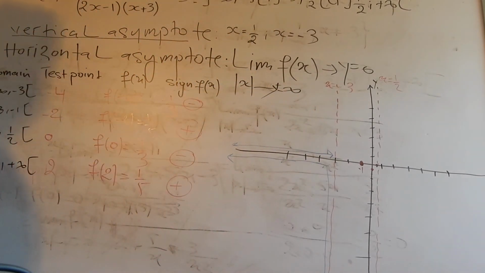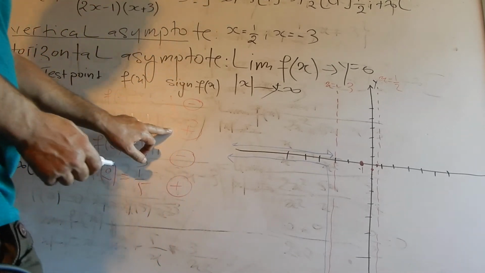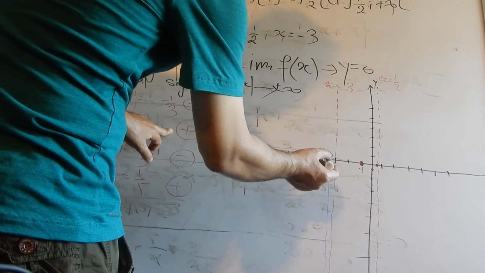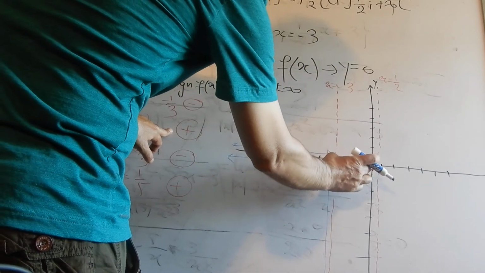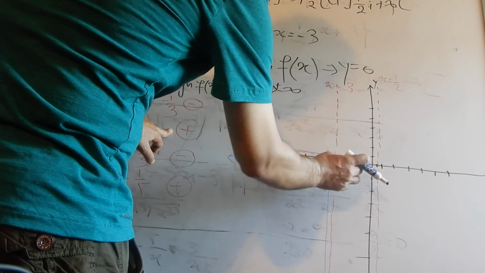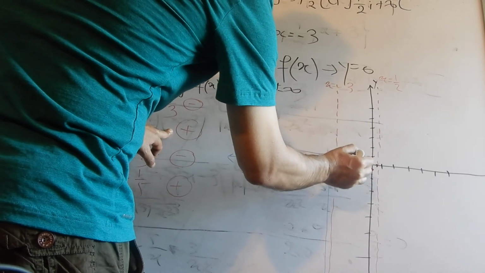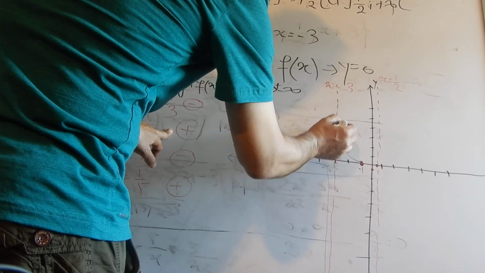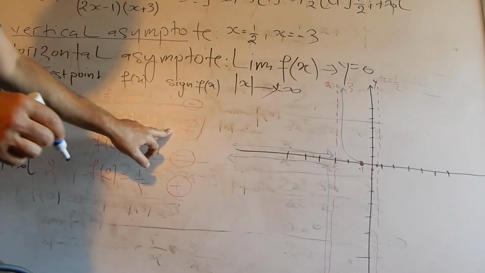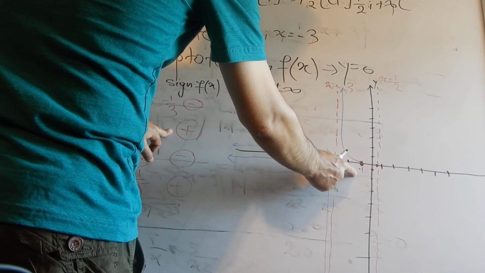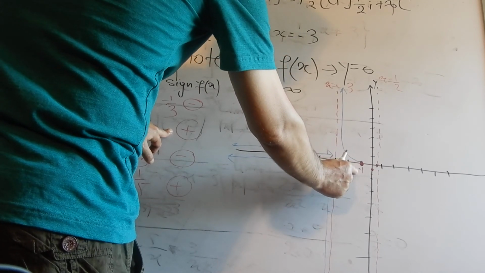From the domain minus 3 to minus 1, it's positive. Minus 3 is right here, and minus 1. That means this interval right there is positive, so the graph is not going to be on this side, it's going to be on this side. And don't forget the graph is supposed to cross the x-axis at minus 1.